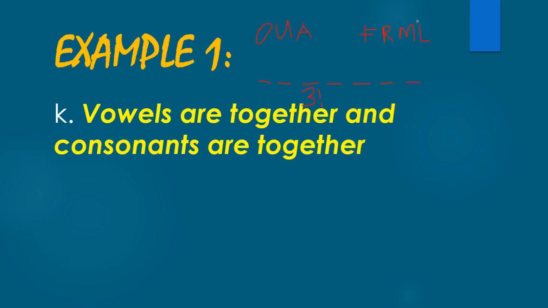And then for the consonants, we have 4 factorial ways. And remember, since they must be together, we can have first OUA before the consonants, or vice versa. So that's why we can still arrange it into 2 ways, or 2 factorial.